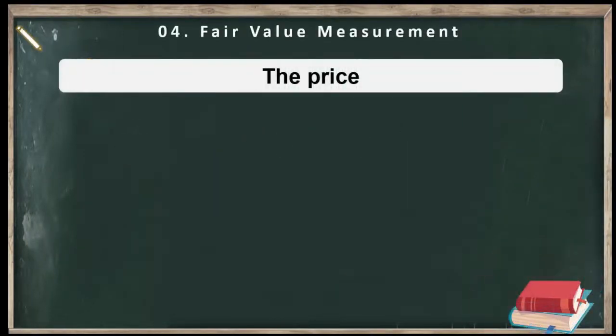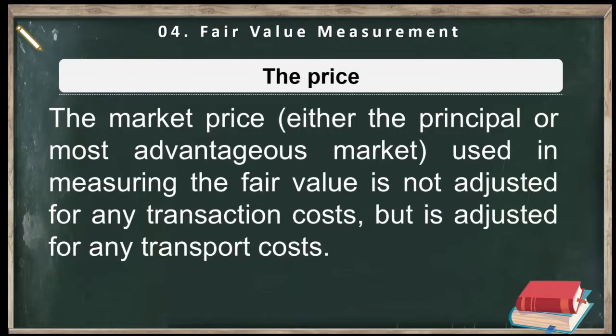So how do we measure the fair value? We need to determine first the market price. The market price, whether based on the principal or the most advantageous market, is used in measuring the fair value.